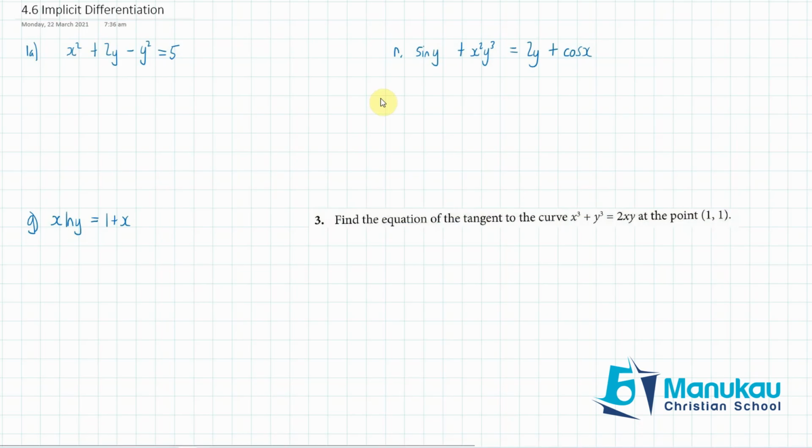When you've got implicit differentiation, you've got y's and x's all mixed up and you can't separate them very easily. So what you do is this: you differentiate everything with respect to x. So my first value is going to become x squared becomes 2x, and then I'm going to differentiate 2y with respect to x, so that's d dx 2y.